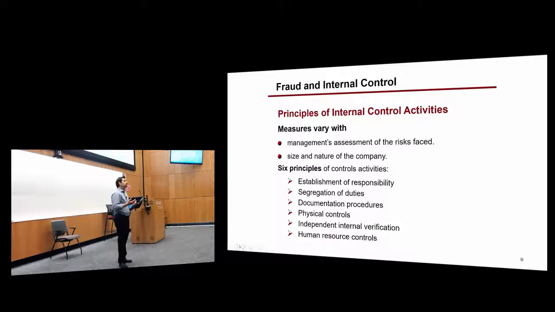When I travel as an employee, when I come back, I file a reimbursement request for my travel expenses. I should not also be the same person who approves my travel expenses.